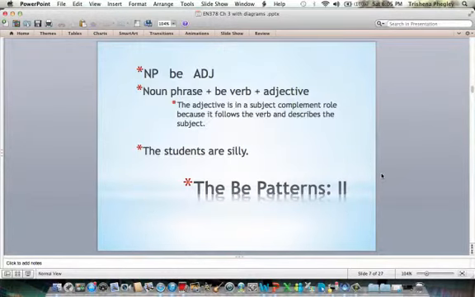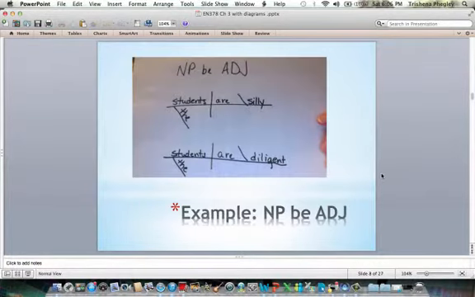All right, let's take a look at the next one. Noun phrase plus be verb plus adjective. It states that the adjective is in the subject complement role. It follows the verb and describes the subject. So we have this example: the students are silly. Students is the subject, are is the be verb, and silly is the adjective that's in the subject complement role.